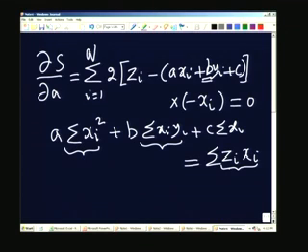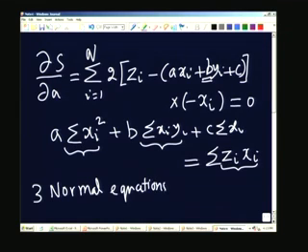So, that is the second normal equation. When you take it with respect to c, I will not get any product like this. It will be just a sigma x_i plus b sigma y_i plus c times n, the number of data, equal to sigma z_i. So, three normal equations are written down and solved to get a, b and c.